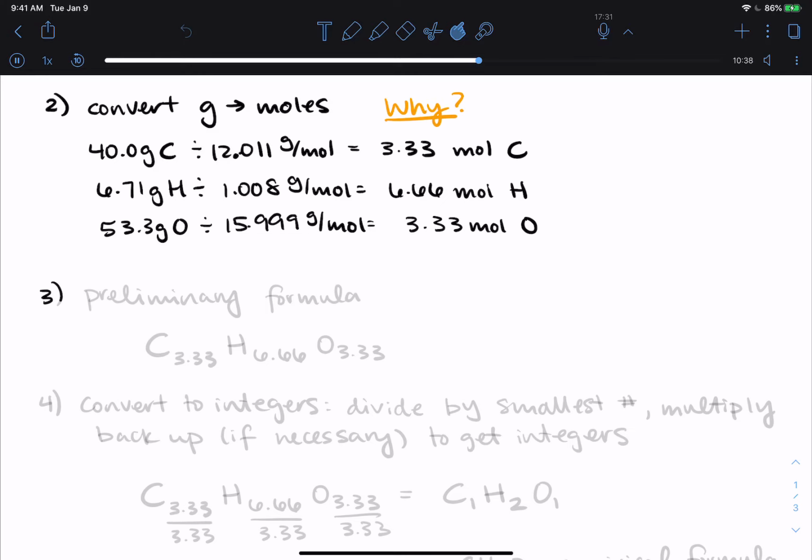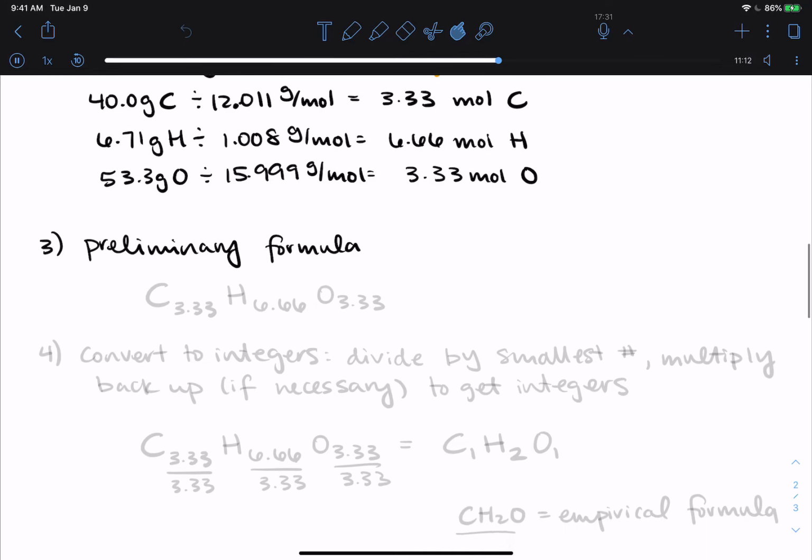So step 3 is to write a preliminary formula. And if you are looking at other example videos or practice videos on how to do elemental analysis, you might not see this step. I think this step is really useful to get you into what's beginning to look like a molecular formula, but it's going to look wrong. What I do is I just take the moles we calculated and make them the subscripts, right?